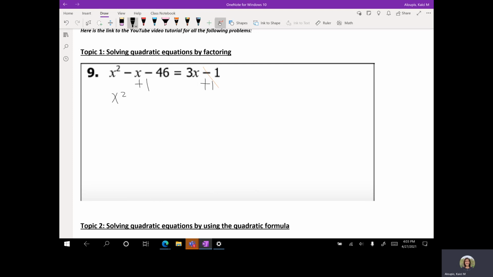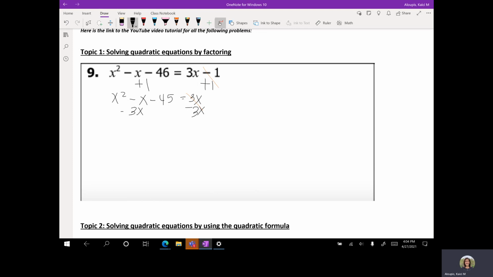x squared stays the same, subtract x, and instead of negative 46, I added 1, so it's now negative 45. And that's equal to 3x. The next bit is I need it equal to 0. Right now it's equal to positive 3x. To get rid of positive 3x, I'm going to subtract 3x from both sides. The positive 3x and the negative 3x cancel out.